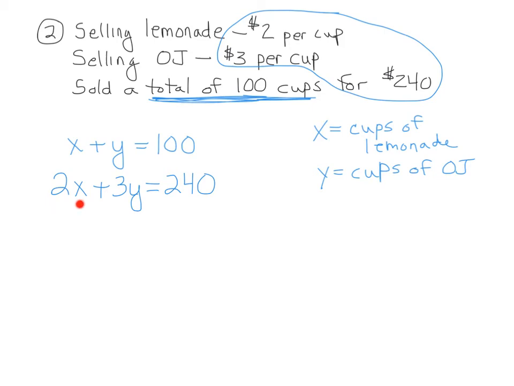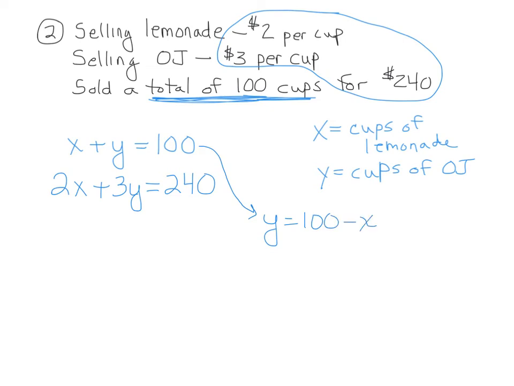I'd have to get rid of a 2x and a 3. Here all I have to get rid of is an x. So to get rid of that x, I would subtract x from both sides. So this one's going to turn into y equals, if I subtract x from both sides, it'd be 100 minus x.